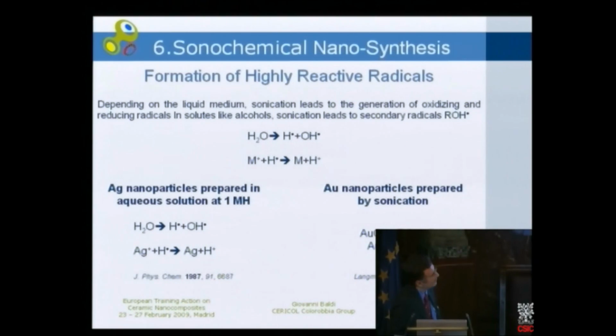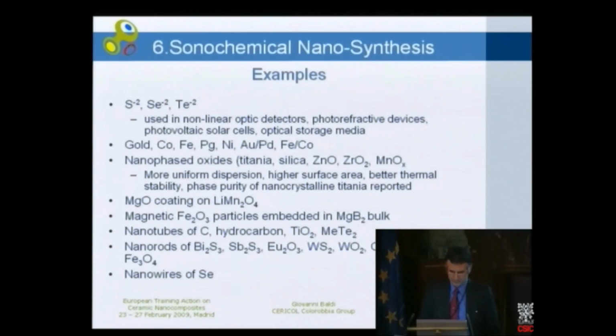It's a very interesting approach. We can make many different examples. We can obtain, for example, gold, cobalt, metal iron. It's not very simple to obtain iron metal nanoparticles in other synthetic routes.